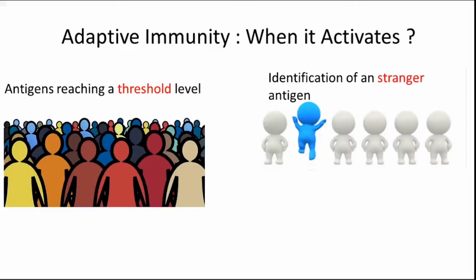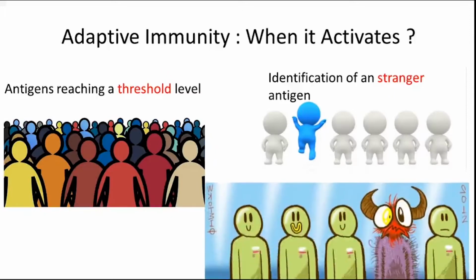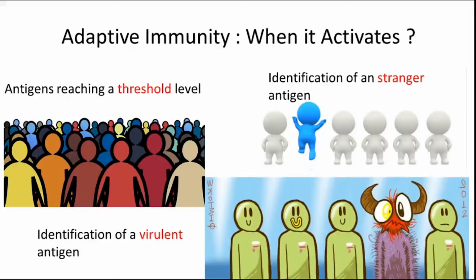And finally, identification of a virulent antigen. If the body is able to see that there is something which is extremely virulent and the innate immune system is not able to handle that, this is the time when adaptive immunity is going to operate.